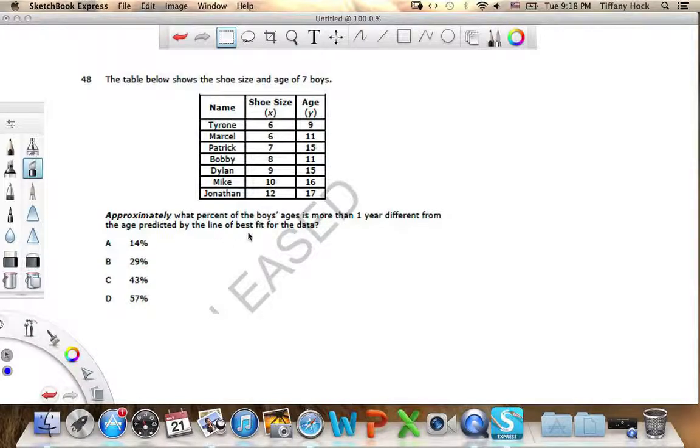So we need a line of best fit. Anytime you see this phrase, line of best fit, that you need to use to find something about your set, that means you're going to need to do a linear regression.